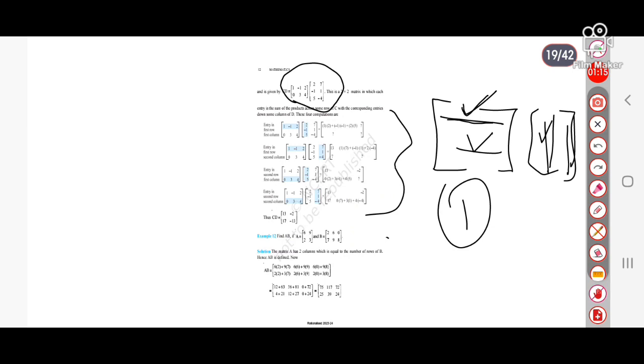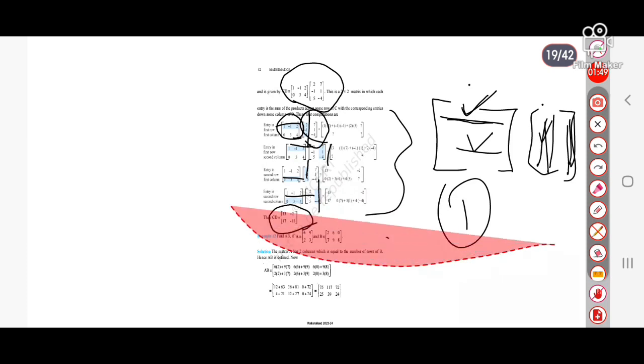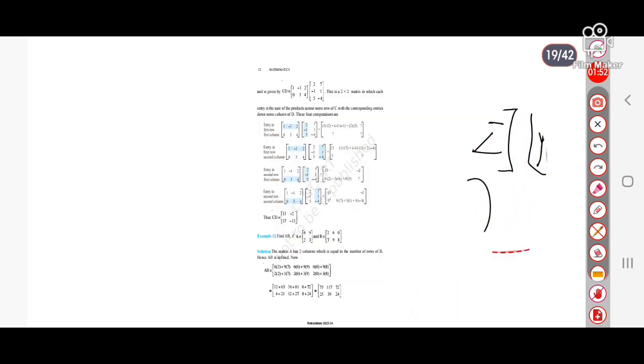Then row 2 will be multiplied by column 1 and column 2 of the other matrix. Say, for example, this is the first matrix and this is the second matrix. The first row and the first column of this matrix are multiplied, and that is noted. Again the first row with the second column, then the second row with the first column, second row with the second column. Everything is multiplied accordingly and summed up into a single number, hence forming the resultant matrix after multiplication. This is the general sequence to multiply two matrices. That's what is explained over here.